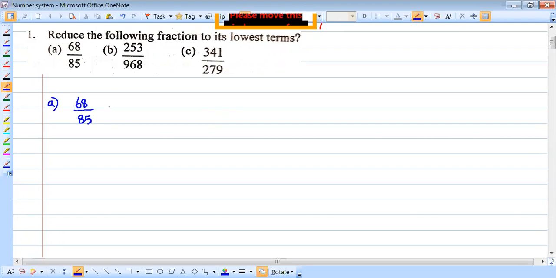By 17 table. 17 fours are 68. What about 17 fives? 85. So it will cancel by 17 table. So write 68 divided by 85, cancel by 17 table. 4 17s are 68 and 5 17s are 85.